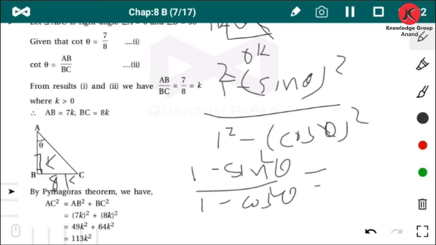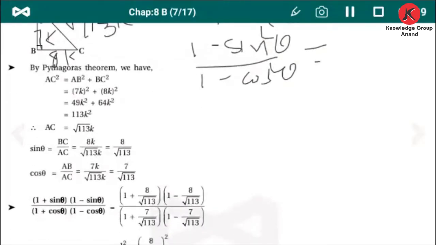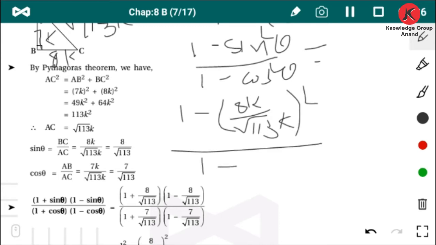We put in the values. What is sin theta? The opposite side is 8k and the hypotenuse is root 113 k. Then sin square theta is 1 minus (8k upon root 113 k) whole square upon 1 minus (7k upon root 113 k) whole square.